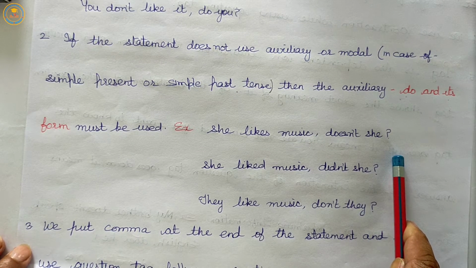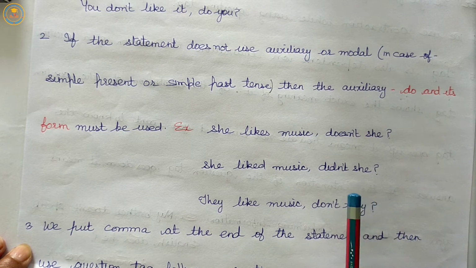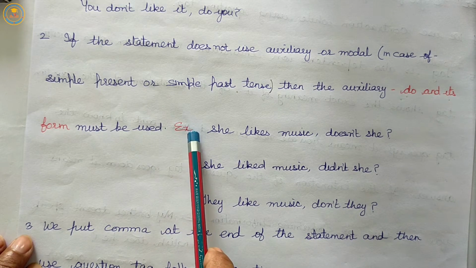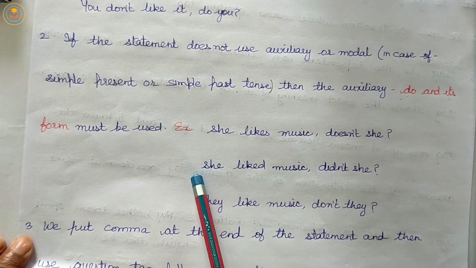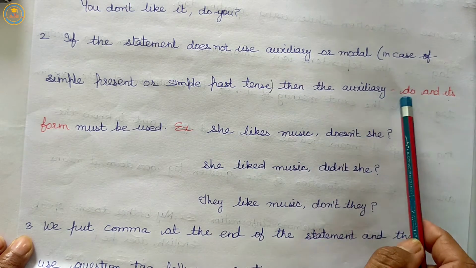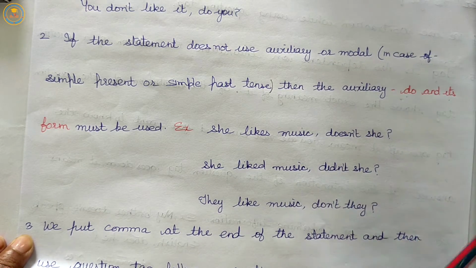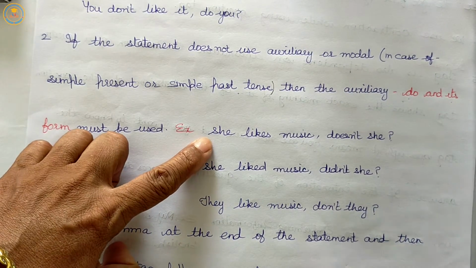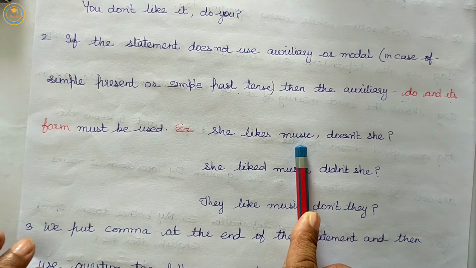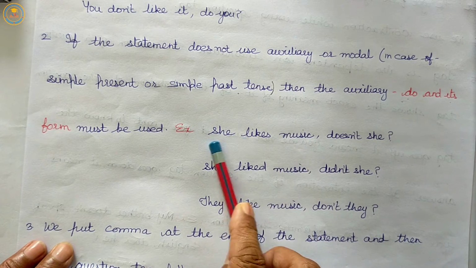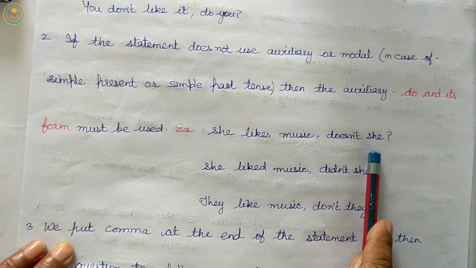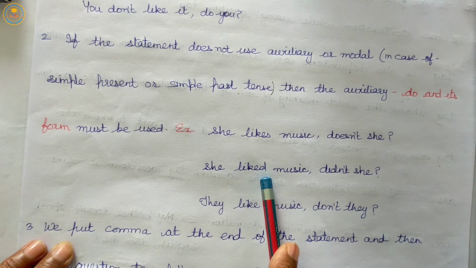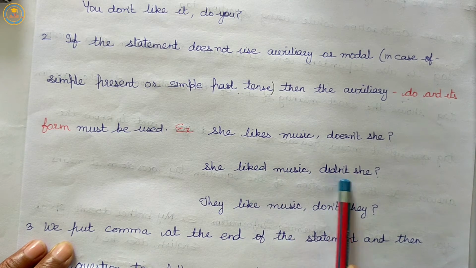And if there is no auxiliary or modal, which happens in the case of simple present tense or simple past tense, then we will use do and its form according to the subject or the tense. Suppose she likes music, this is present simple, so we will use doesn't she, question mark. She liked music, here past simple, then we will use didn't she.